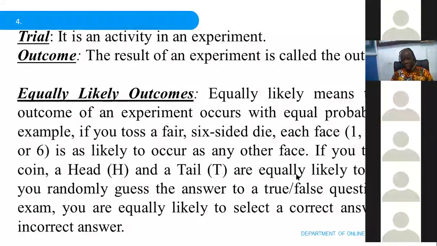Equally likely outcomes. If you toss a fair coin, a head and a tail are equally likely to occur. We assume a coin does not have a fixed head and tail, but that any side of a coin is the head and the other side is the tail.